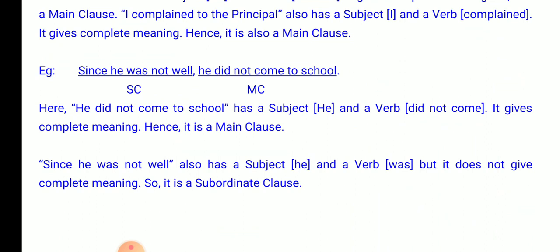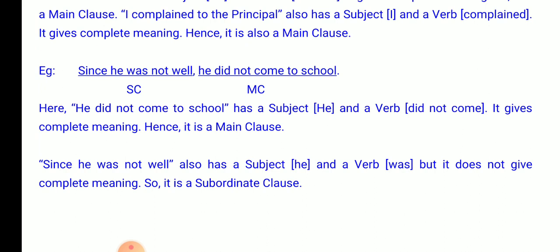Let us look at the second part of the sentence. He did not come to school. You have a subject he and a verb did not come. This part of the sentence, he did not come to school, gives complete meaning. Therefore, we call it a main clause.